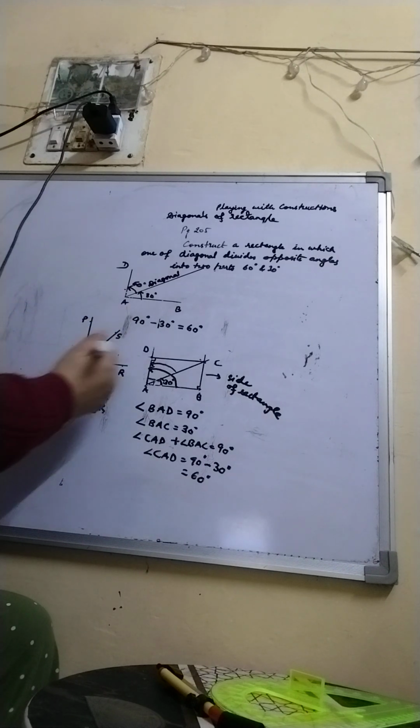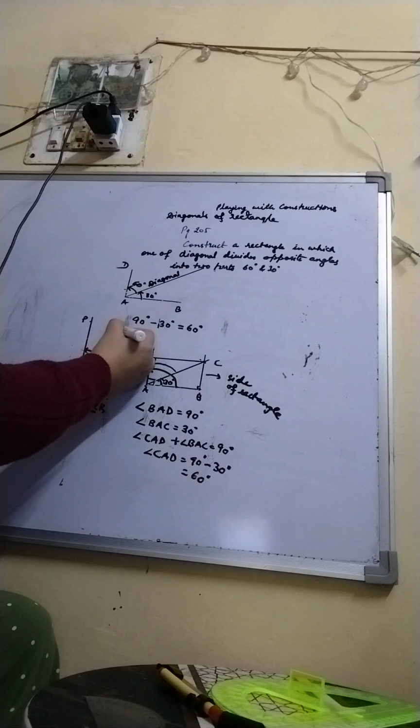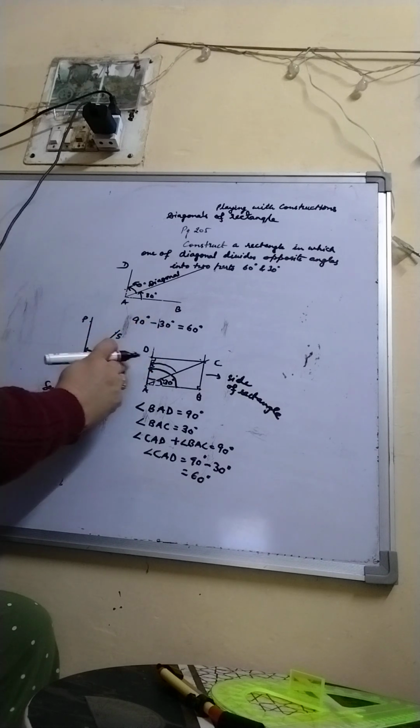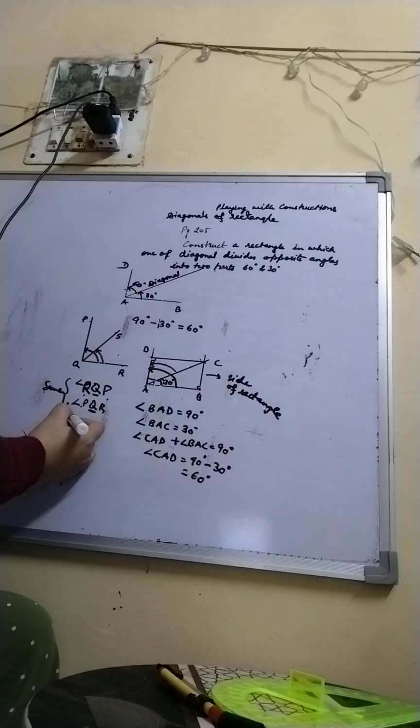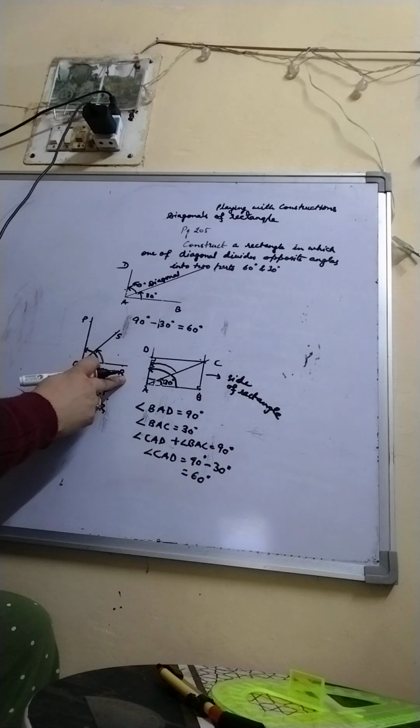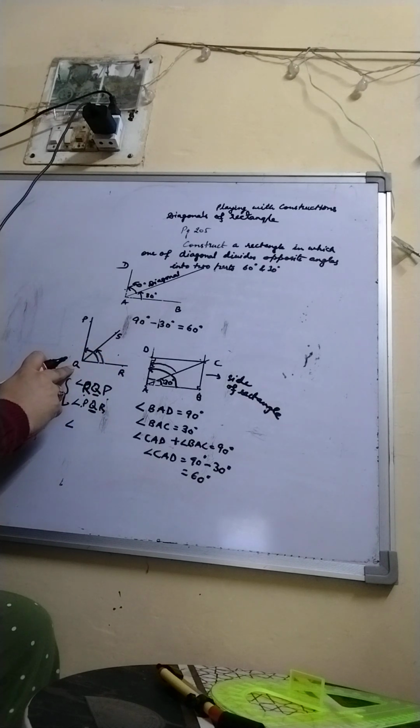What other angles is it drawing? Now this QS has divided this angle into two parts. So what are those angles? First we will start with QR and go till QS. What would be the name of the angle? I have started from QR, but don't write QR, because Q is the vertex again.